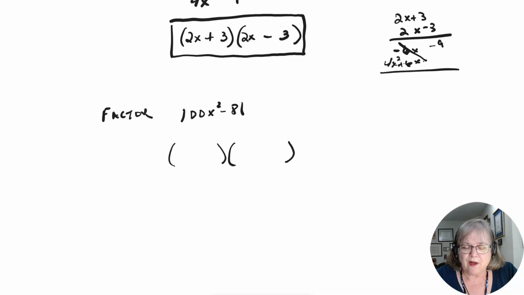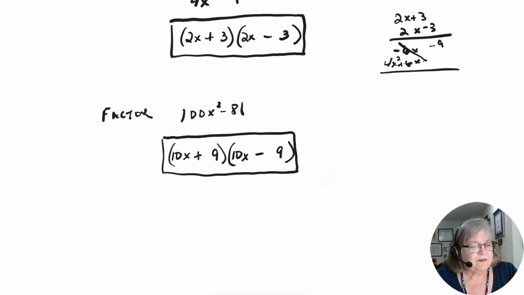So the square root of 100 is 10. We put that in the front. The square root of x squared is x. The square root of 81 is 9. And one of them is plus and one of them is minus. So we see the pattern?